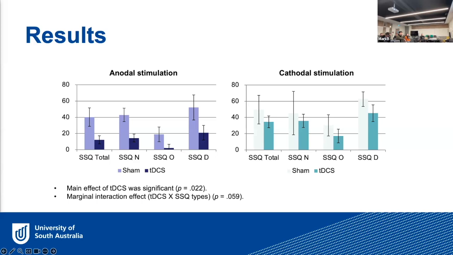So if they get brain stimulated, their disorientation symptoms are lower than non-stimulated people.